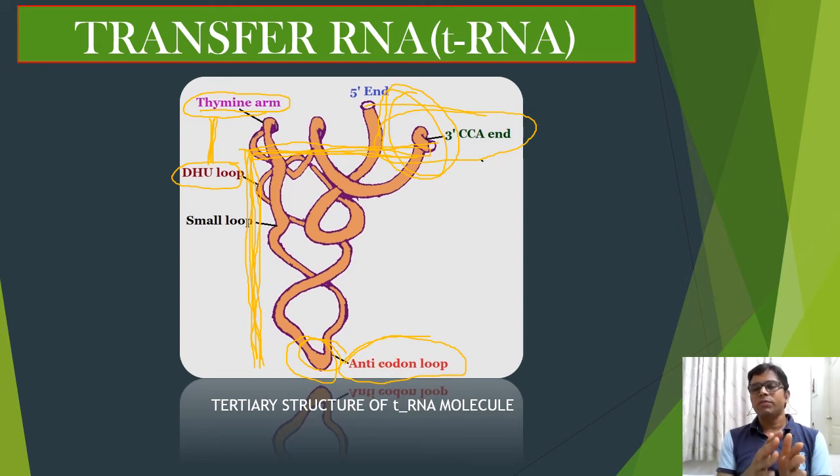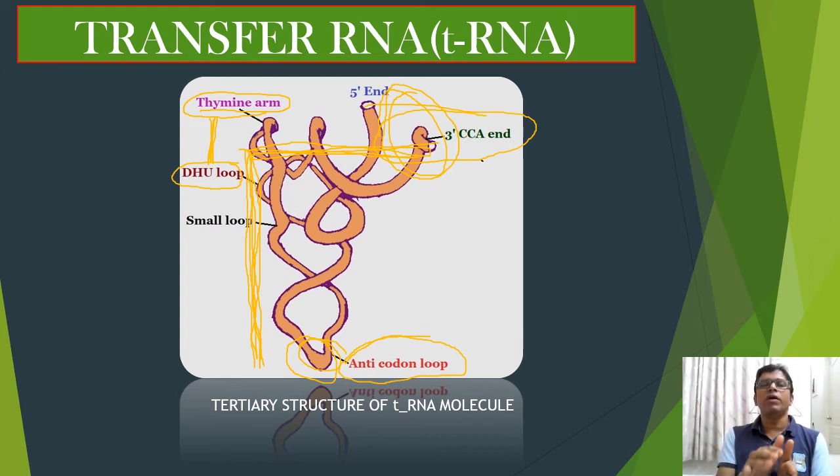From the secondary structure, the tertiary structure is formed due to the straightening of arms. The DHU arm and anticodon arm become straight and form one arm of the L-shaped structure, and the thymine arm, T-Psi arm, and CCA end, or acceptor end, become straight and twist, and form the other arm of the L-shaped tertiary structure.